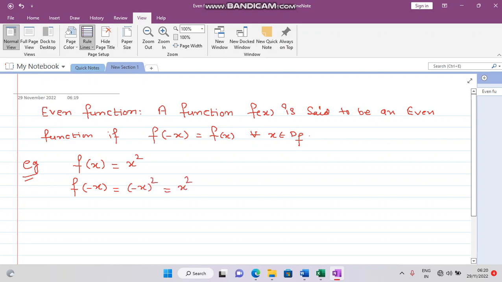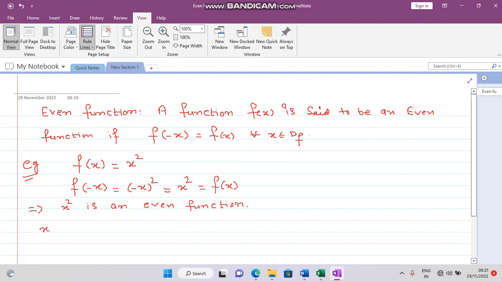It is x square. And x square is what? It is f of x. So see, on changing x to minus x, I again get f of x. So it implies that x square is an even function.